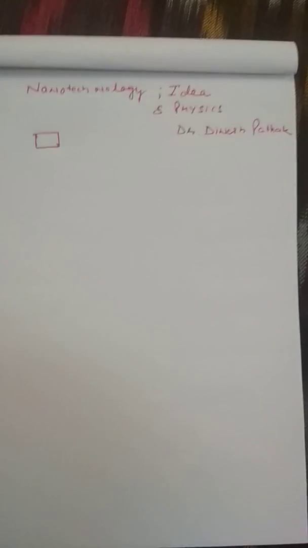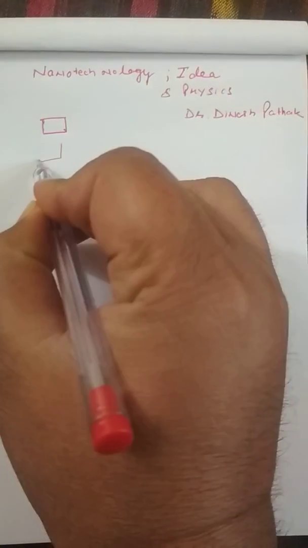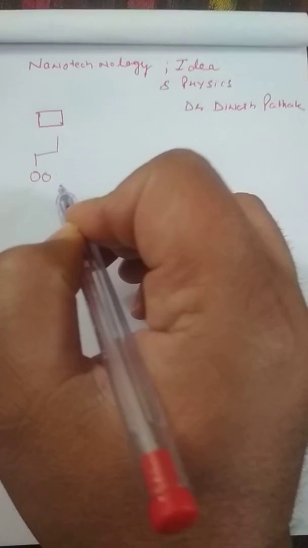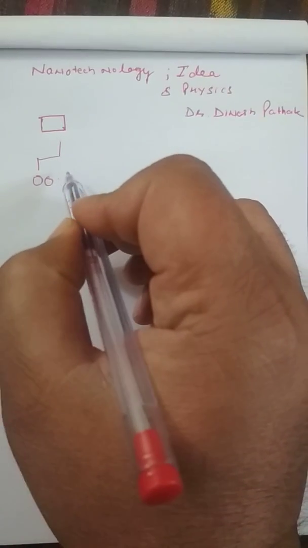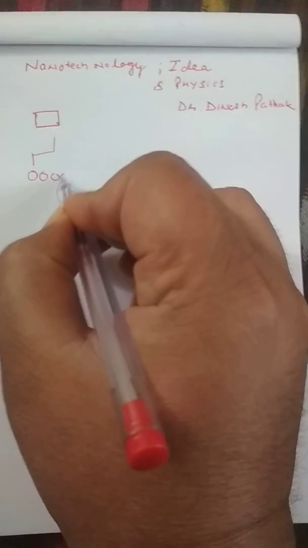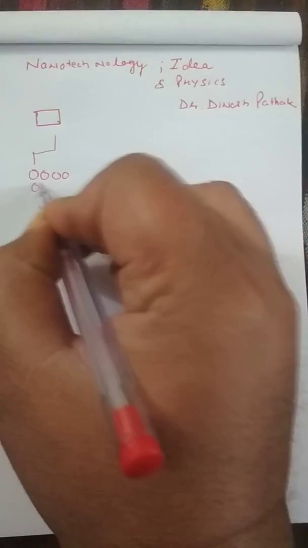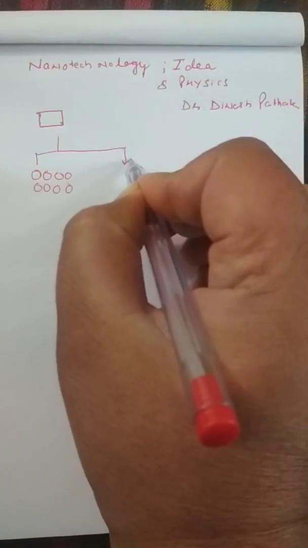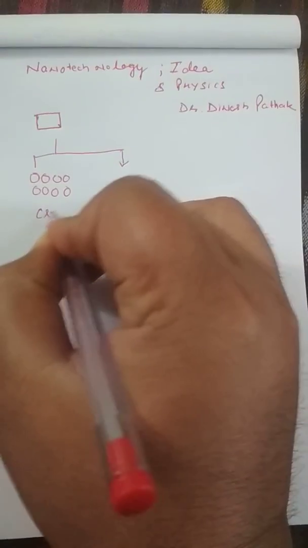Now in solid, if there is some arrangement, as we understand that the solid is made up of molecules, and if further the atoms are arranged in some fashion, then we define it as a crystalline solid.